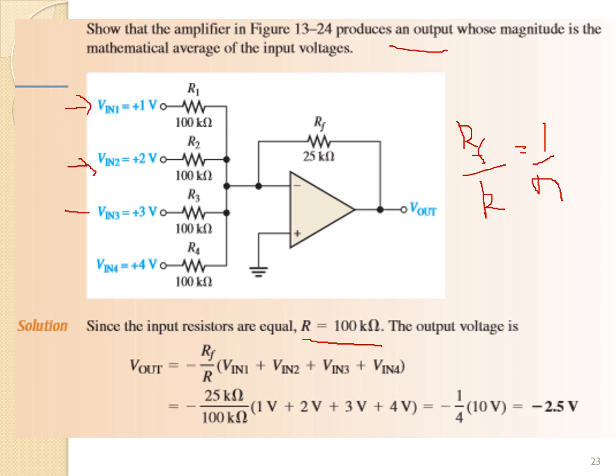Therefore, the output voltage is V out equal to negative RF over R times the sum of input voltages V in 1, V in 2, V in 3, and V in 4. So, V out is equal to negative 2.5 volt.